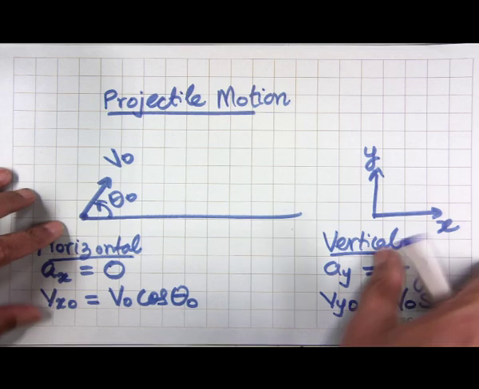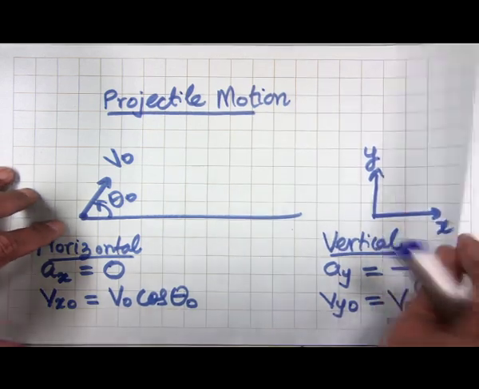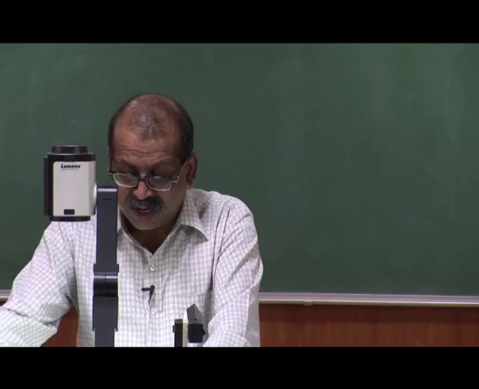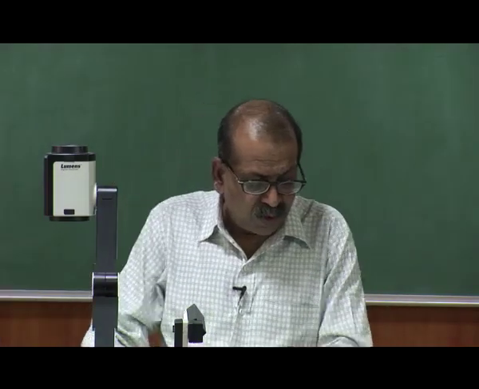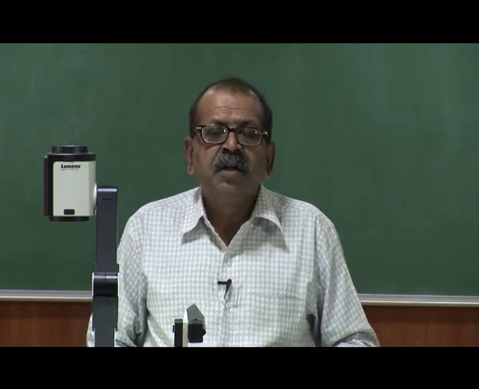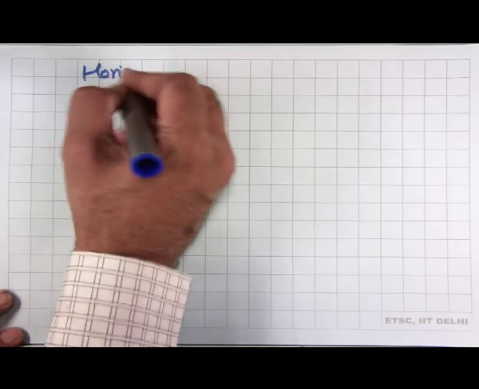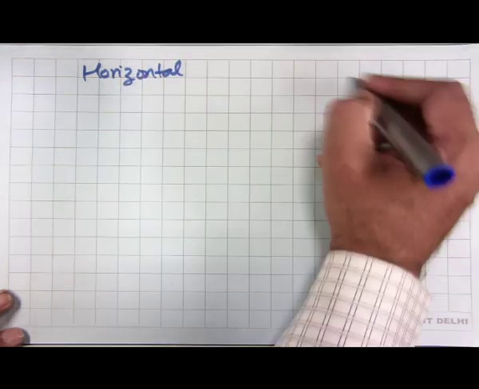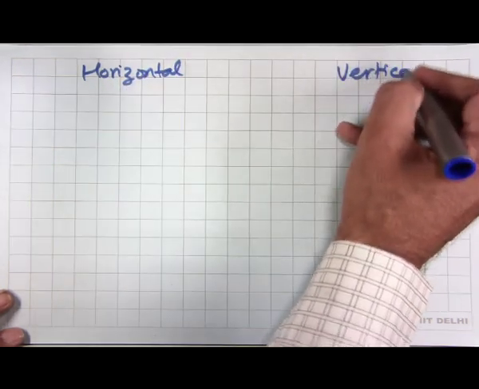So, from this we get 2 straightforward relations. We write the further equations for Vx and Vy and the displacement along x and y, and as before we split the horizontal and the vertical components separately.